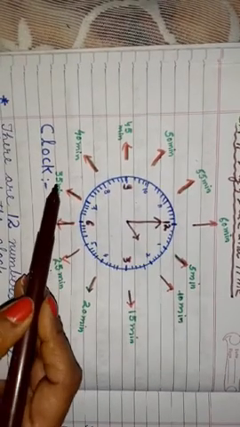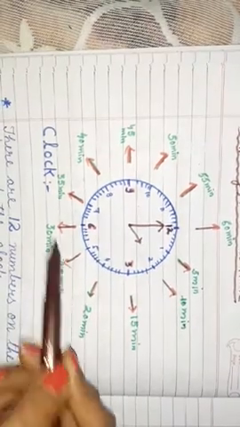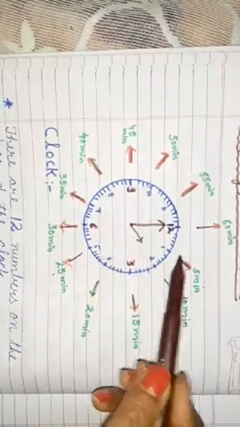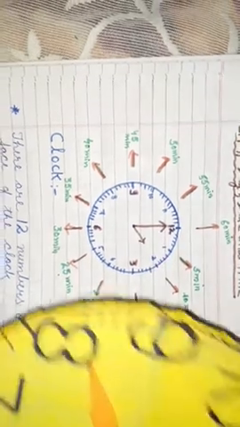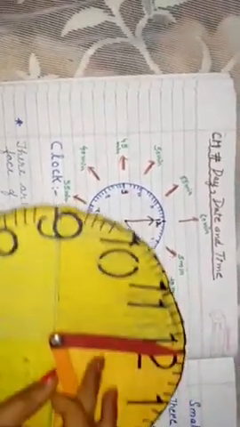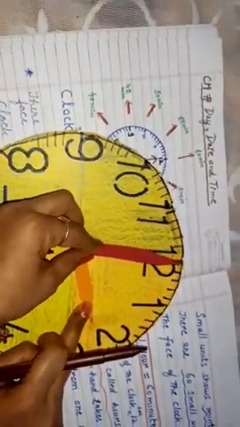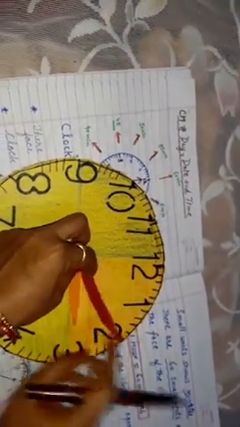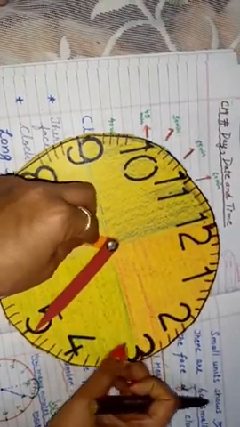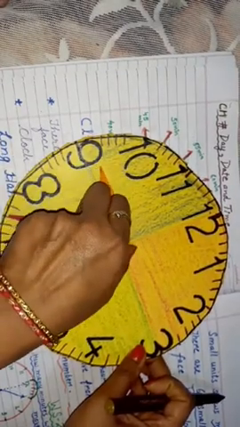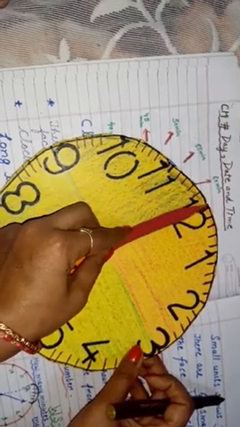Then 5 minutes more. So every time you move the minute hand, you are adding 5 minutes. When this minute hand covers one complete round, every time it is covering 5 minutes, it takes one whole round of the face of the clock.